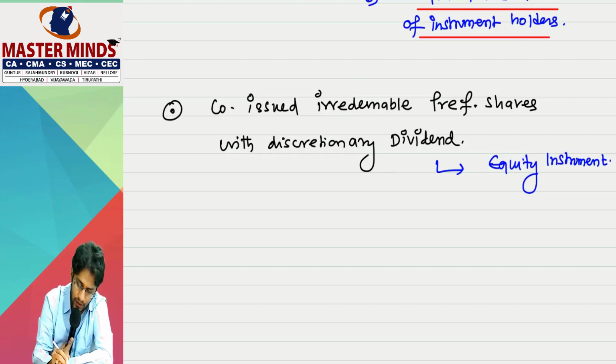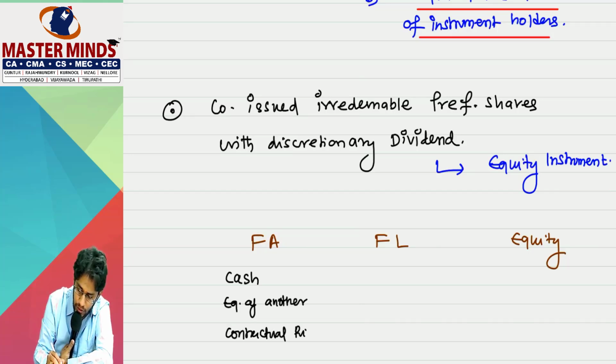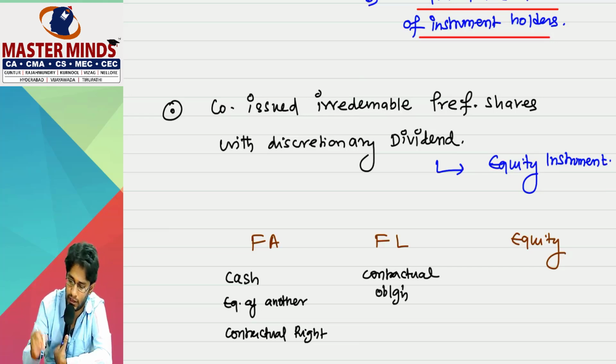So this is the meaning of equity instrument. Now you see the financial asset definition, financial liability, equity definition. Financial asset has three parts. It's either cash, the equity instrument of another entity, or a contractual right to receive cash or any other financial asset. Here we discussed only one point, that is contractual obligation to deliver cash.